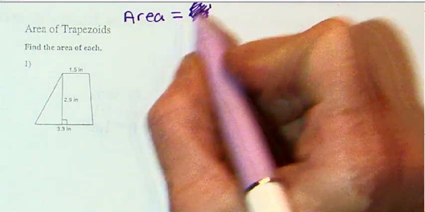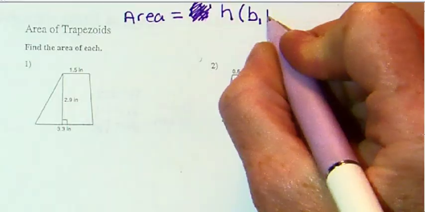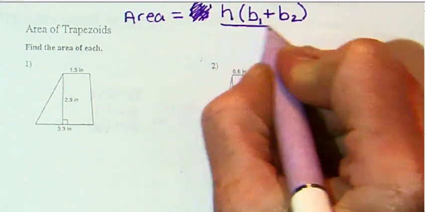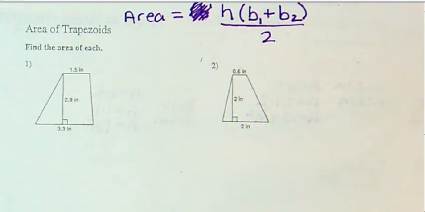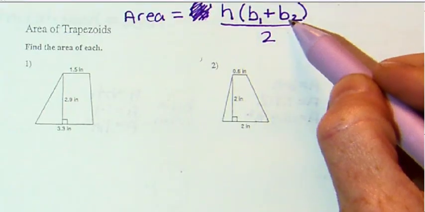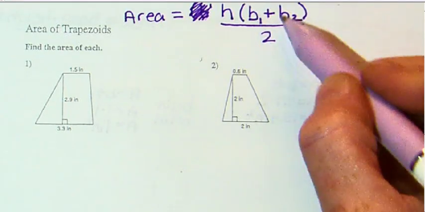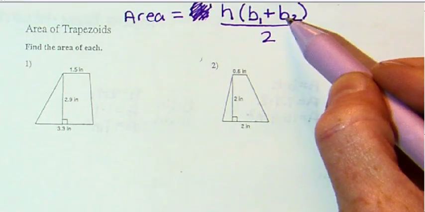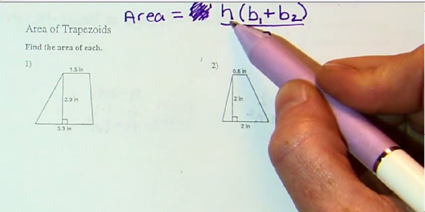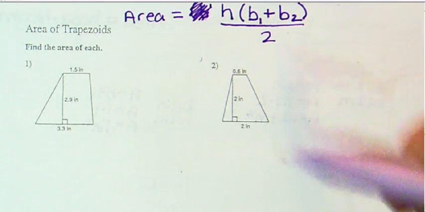Your area is going to equal your height times base 1 plus base 2, all over 2. So what this really means is that you're taking the bottom or the top base, adding it to the top or the bottom base, whichever one you didn't do originally, adding those two together. So the top and bottom, the parallel sides of your trapezoid, multiplying that by the height, and then whatever value you get, you're dividing by 2.